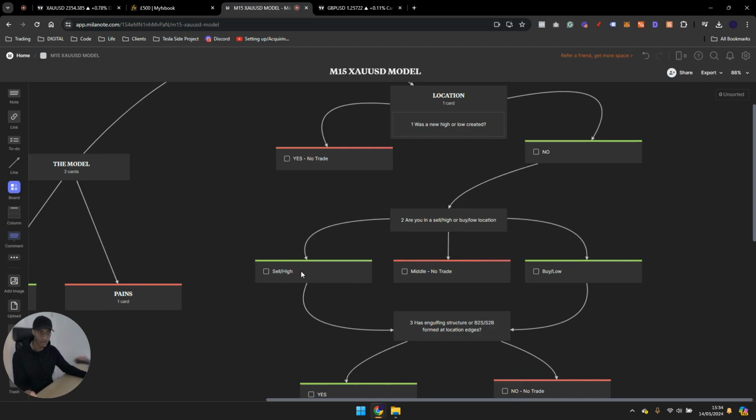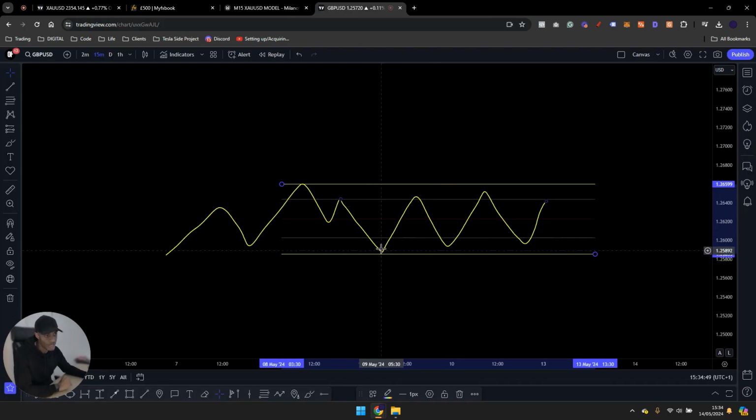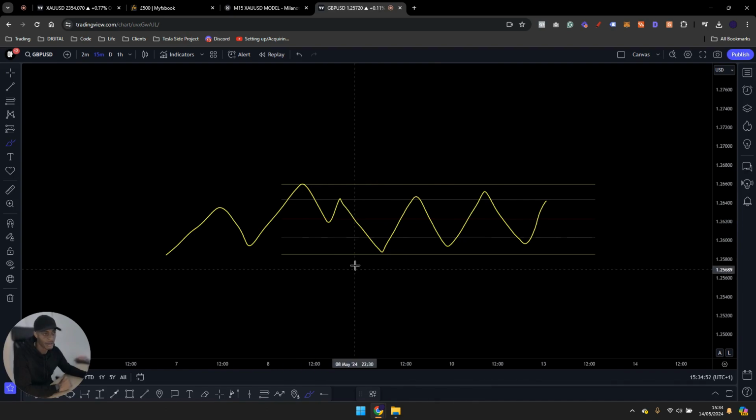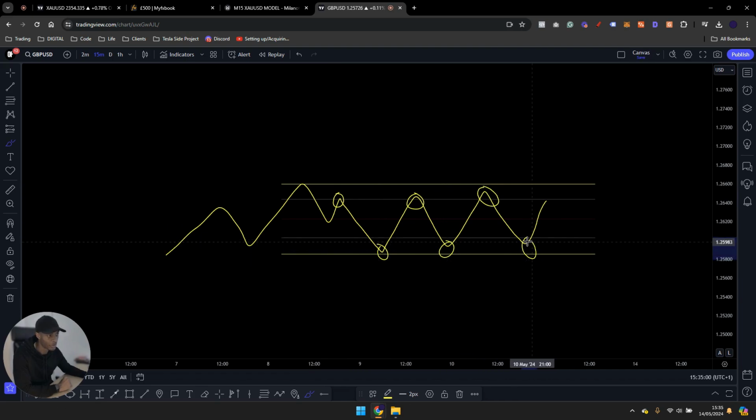If you're not in a sell high location, or you're not in a buy low location, you're in the middle, that means there is no trade. So this right here is a sell high location, sell high location, sell high location, buy low, buy low, buy low.